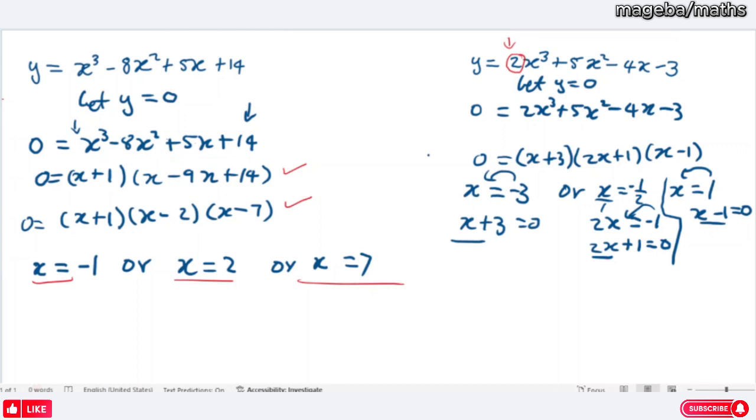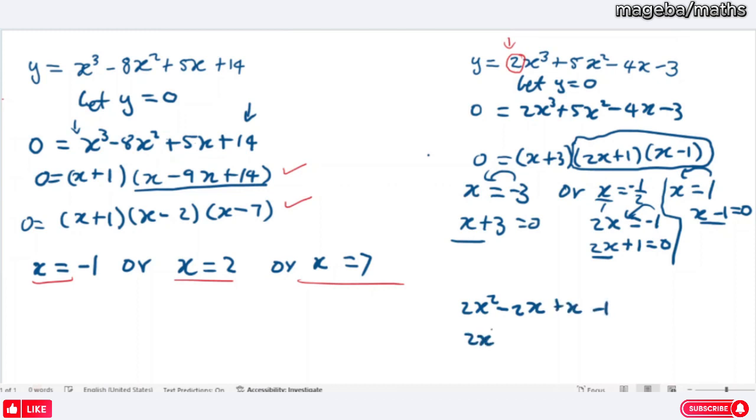Now remember here, we need to find also this part here. So you take this, you multiply it, you open your bracket. So multiplying that one, I'm going to have 2x squared and then minus 2x and then plus x and then minus 1.